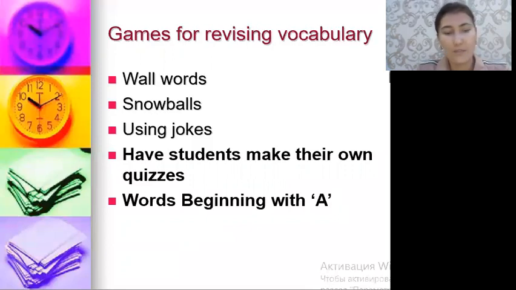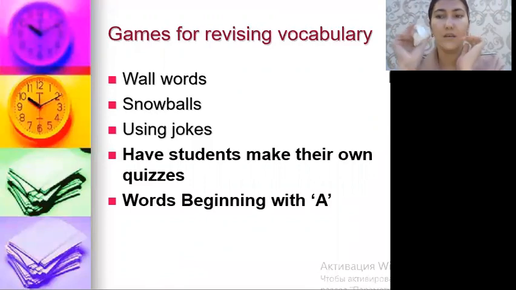So you can ask your students to take a sheet of paper and write 1, 2, or 3 words in it, or maybe the definition of the word, and ask them to make snowballs from this paper.